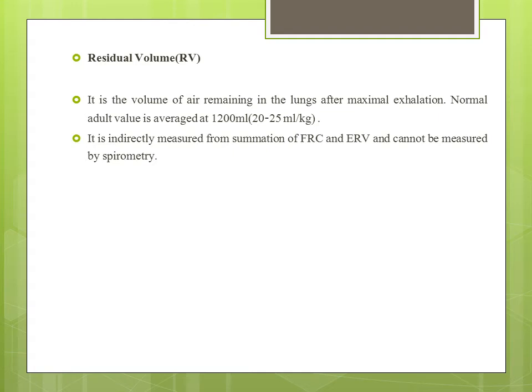Then the next point is that in obstructive lung disease, with features of incomplete emptying of the lungs and air trapping, residual volume may be significantly high. That means when there is an obstructive lung disease, incomplete emptying of the lungs and air trapping happen.